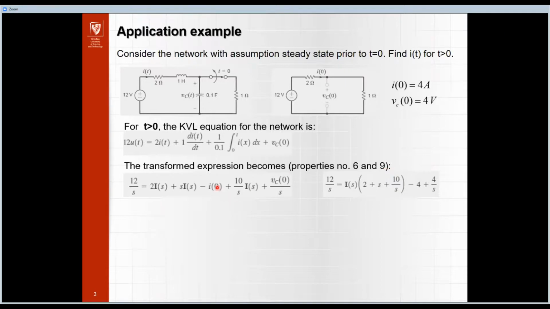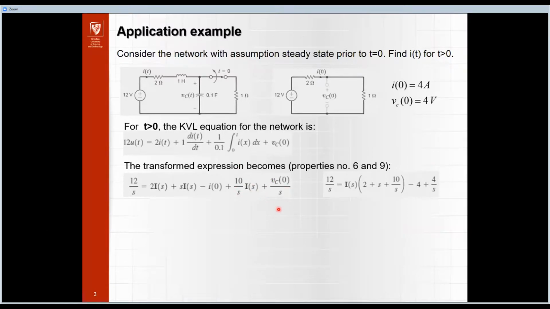Now we obtain just 12 over S, because of the unit function, and here we have the transformation. We know that differentiation in the time domain means that in the S domain we have to multiply by S, and this is the current connected with the steady state before, and some results connected with capacitors.